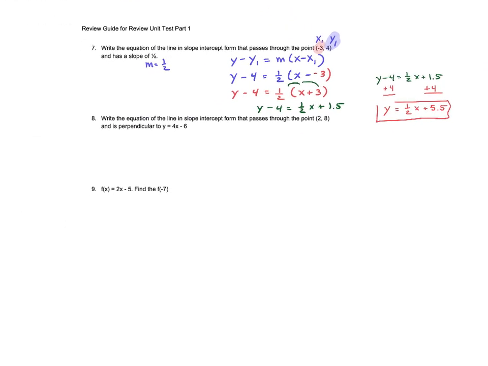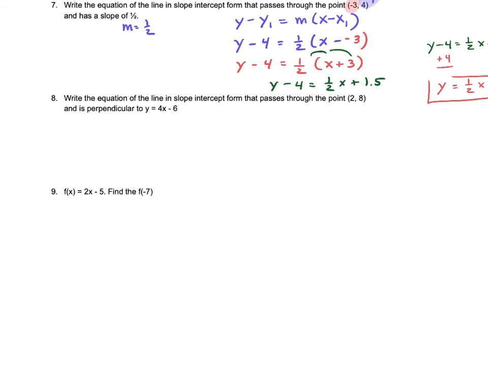Let's see. Next one, write the equation of a line in slope-intercept form. So we're writing the equation of a line again. So I would think right away, grab this guy, that point slope formula. They gave me an x1, y1. That's my x1, y1.